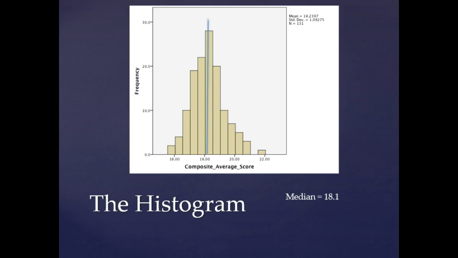We've added a line in the histogram to indicate the mean, and so we've got a real good sense of where things are. As I noted, when we ask SPSS to generate a histogram, we do get some descriptives at the same time. And we already had run our descriptive stats, and so we know that our median is 18.1.